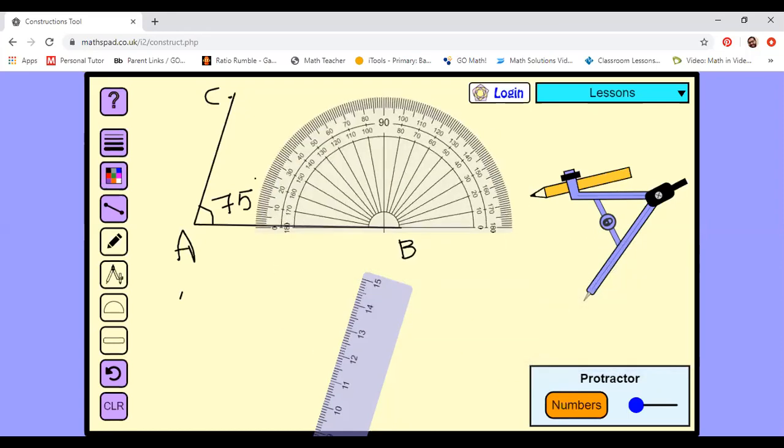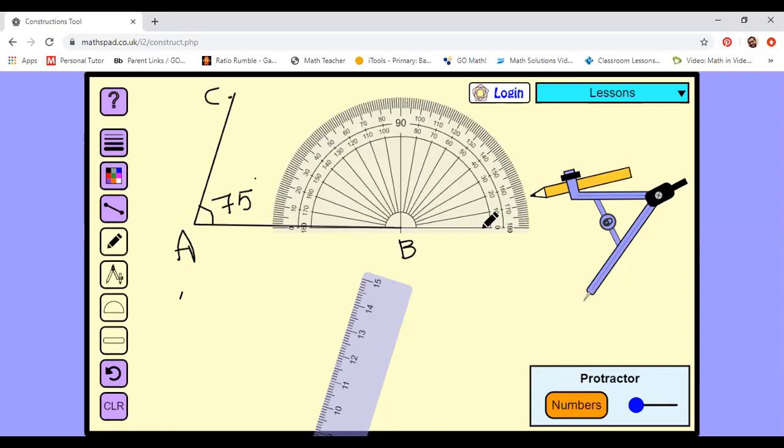We'll do the same thing. We take our center at the point B, then count from the left: 0, 10, 20, 30, 40, 50, till 100, 110, 120, 125, and that is my point.